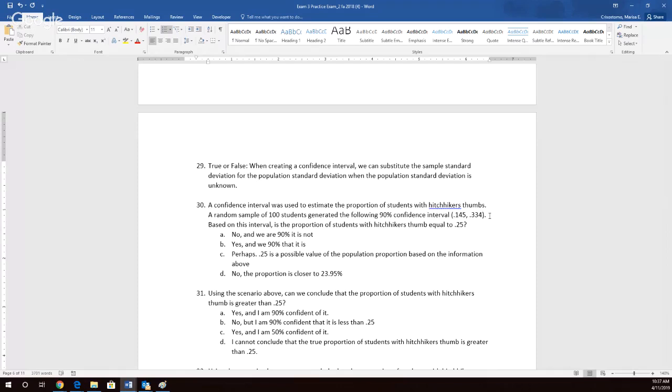So is the proportion equal to 0.25? It totally could be, right? That 0.25 is within our interval. So it's possible. So C is the correct answer.